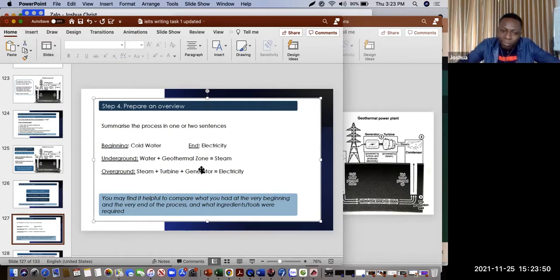Okay, so you might find it helpful to compare what you had at the very beginning and the very end of the process and what ingredients or tools were required. So put that in mind. What did you have in the beginning? You had the cold water. What did you have in the end? You had electricity. What do you have in the middle? You have steam. So the cold water goes through the geothermal zone, steam is produced, and then the steam is used to generate electricity.